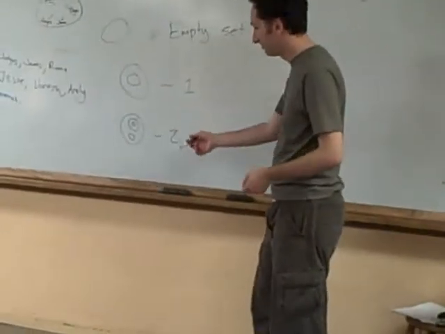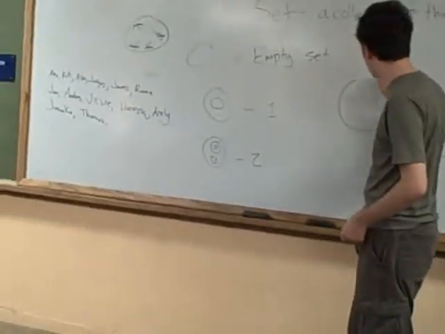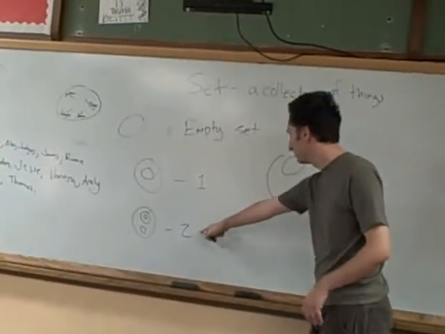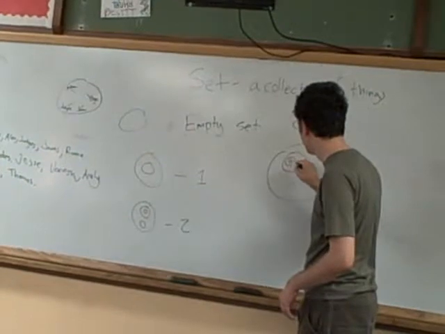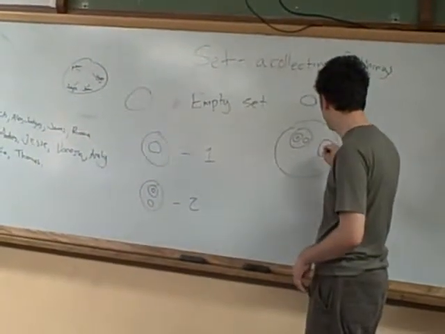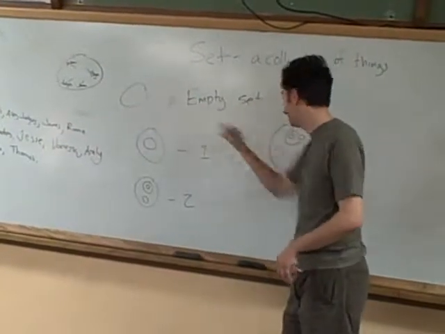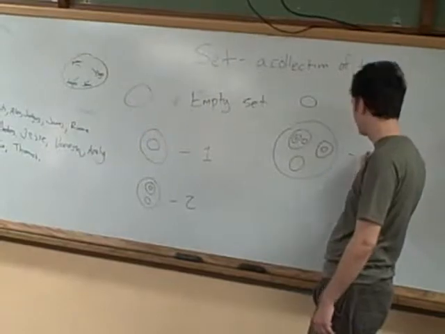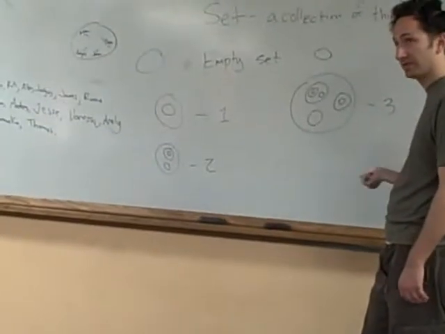Then we can make up another set that contains this set and this set and that set. Okay? So this set contains how many things? 3. So we can just keep creating numbers this way, right?